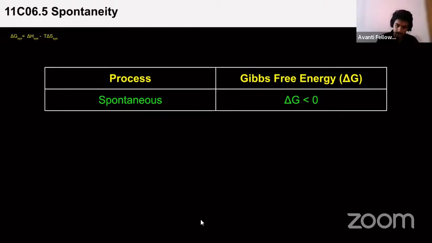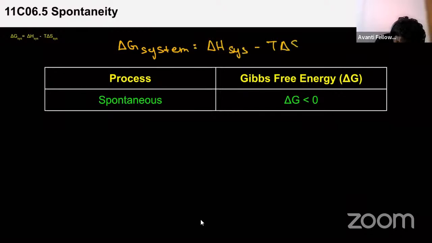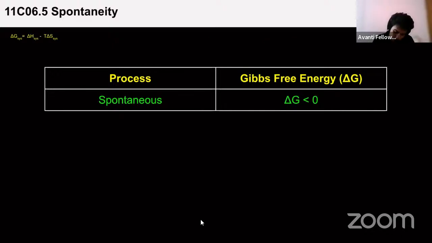For a system we are calculating here, delta G system is equal to delta H system minus T delta S system. Now, whenever the change in entropy for a system is positive, that means minus T delta S is negative. And if delta H is having very high energy and is positive, let's say, that means the reaction is spontaneous as delta G is negative.